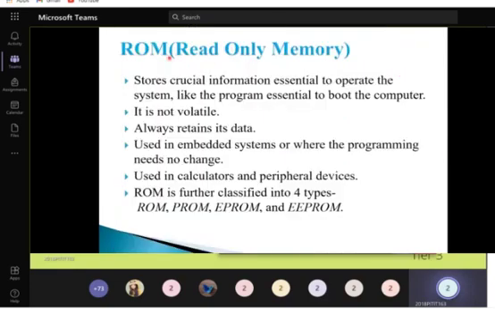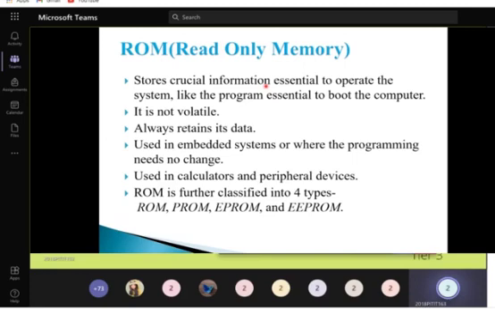So next is our ROM, that is our read-only memory. We are going to see it in detail. This read-only memory stores some crucial information which is important to operate our system. For example, if I turn on my computer, what happens?